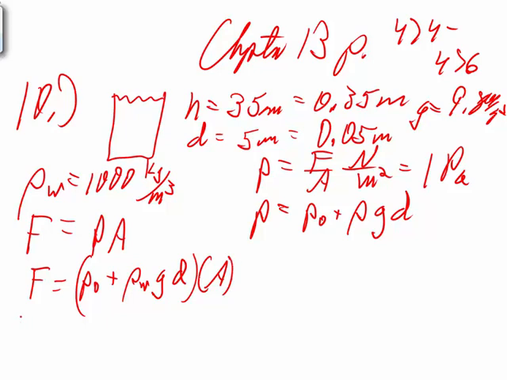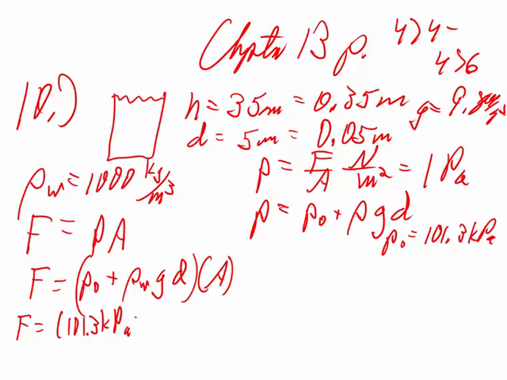So force is equal to atmospheric pressure. What is atmospheric pressure? We know it is 101.3 kilopascals, plus the density of water, 1,000 kilograms per meter cubed, times 9.8 meters per second squared, times the height, which is 0.05 meters.